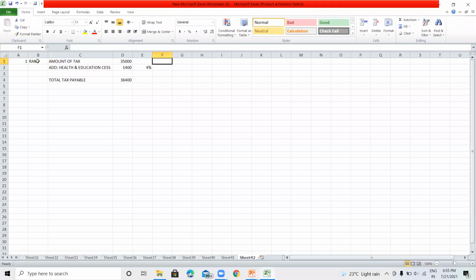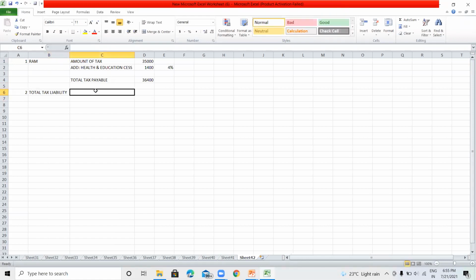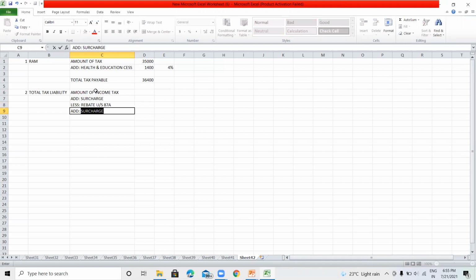The total tax liability will be: number one, the amount of income tax, add surcharge, less rebate under section 87A, and then add health and education cess.